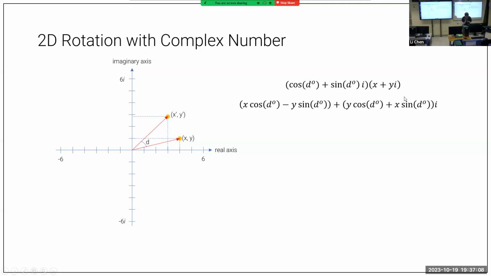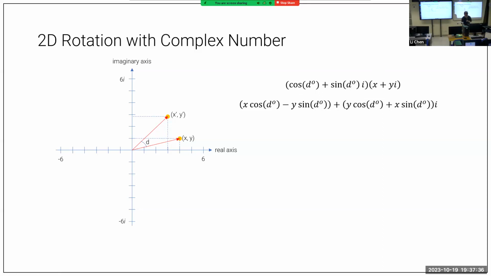Okay, so you just massage the formula a little bit and you get this. Then this part will become the new x and this part will become the new y. So it's not magic. You can actually do this. If you want to turn this into this, the only thing you need to know is that i times i equals -1.